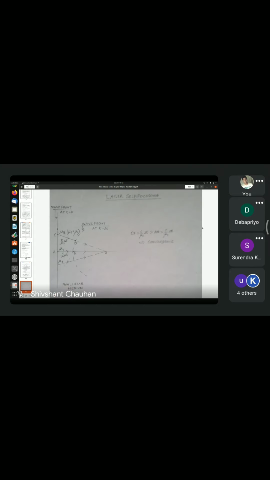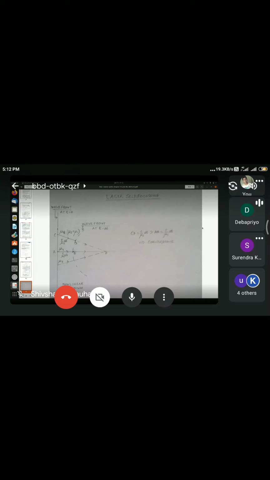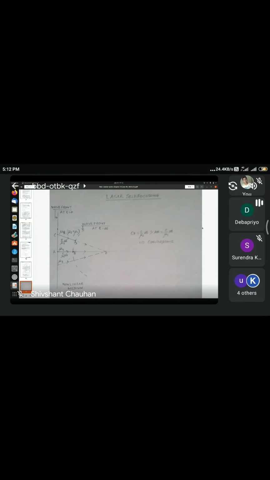Yes, sir. Okay, what I am trying to tell you is that, let us talk in terms of rays. The peripheral ray travels a larger distance than the central ray in a given interval of time delta t. So, what must be the shape of the wave front after time delta t?